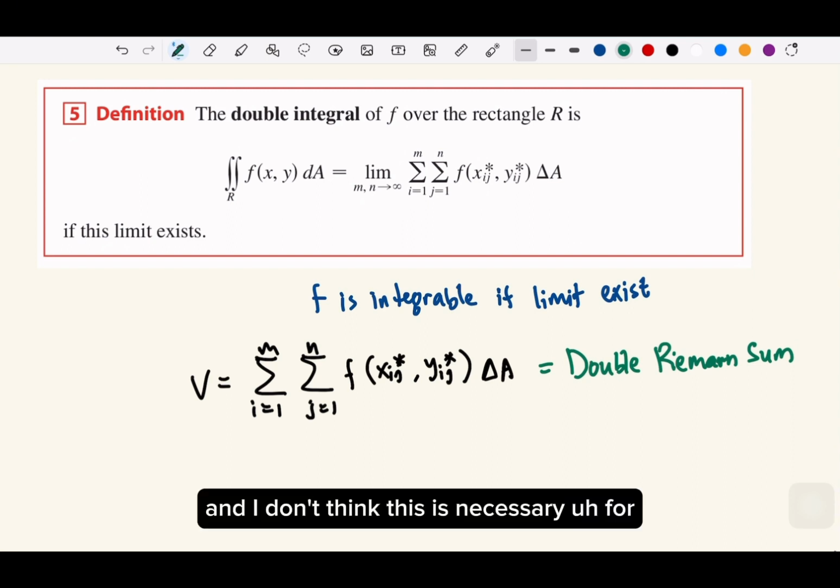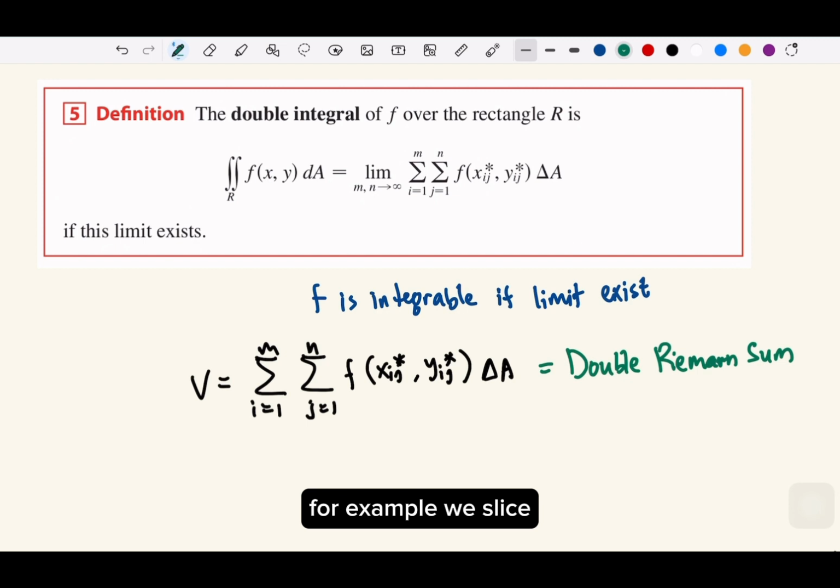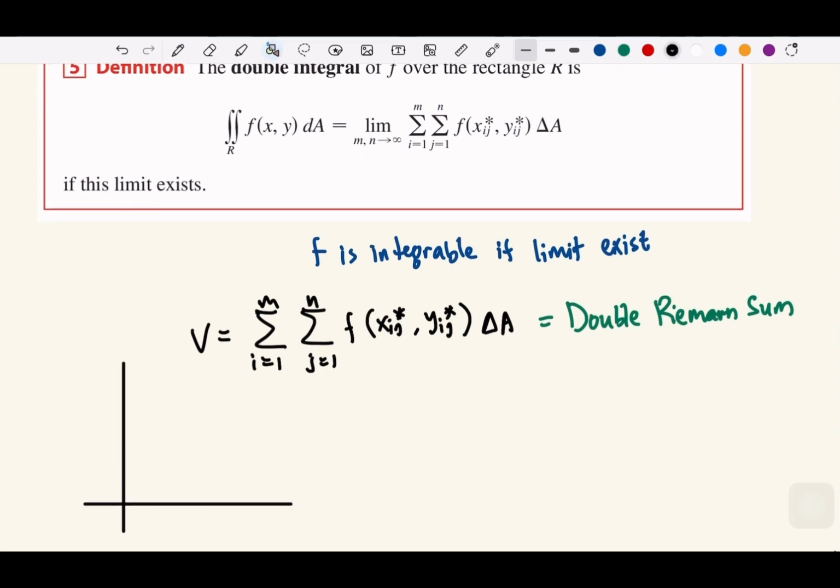I don't think this is necessary for now, but we can check an example of the double Riemann sum. We compute it one by one. For example, we slice like this.